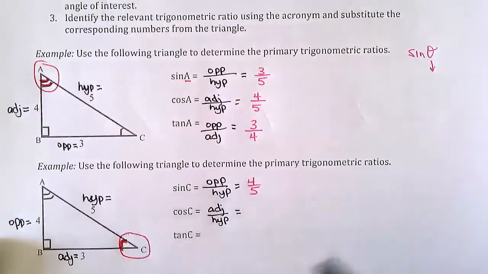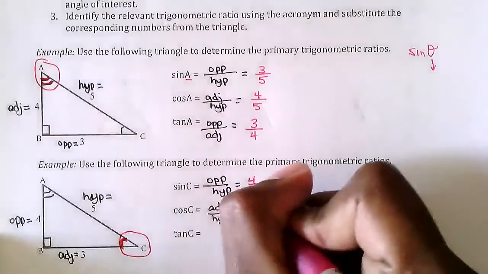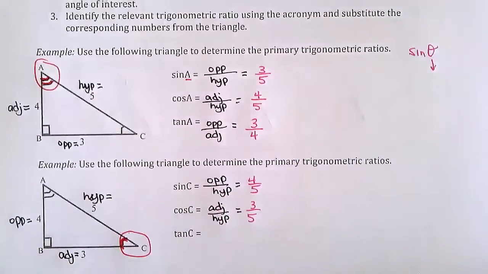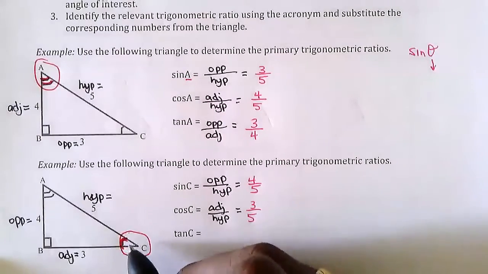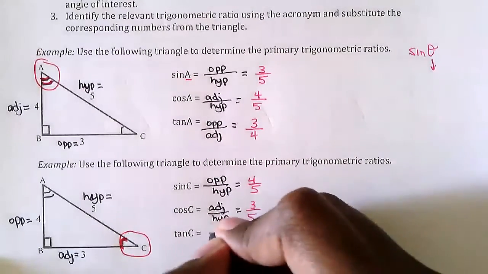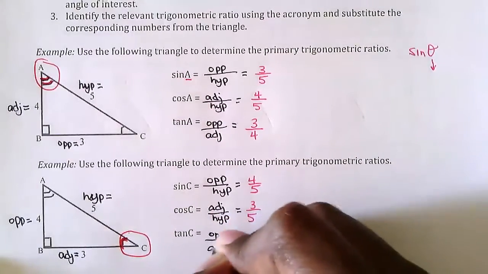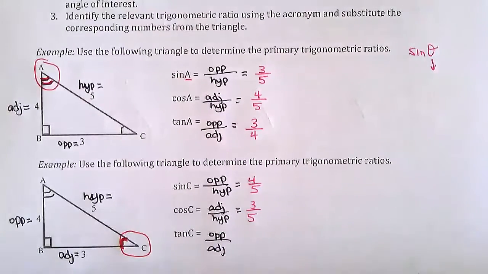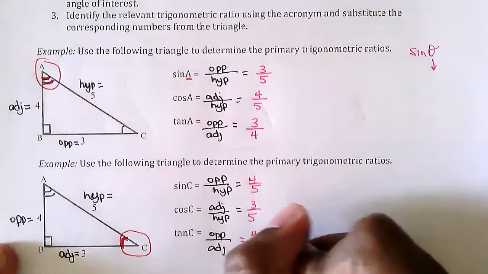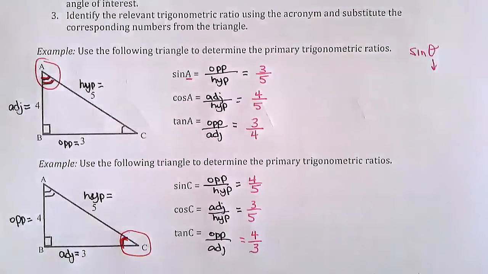So adjacent 3, hypotenuse 5. And tan would be TOA, so opposite over adjacent. In this case, opposite is 4 and adjacent is 3.